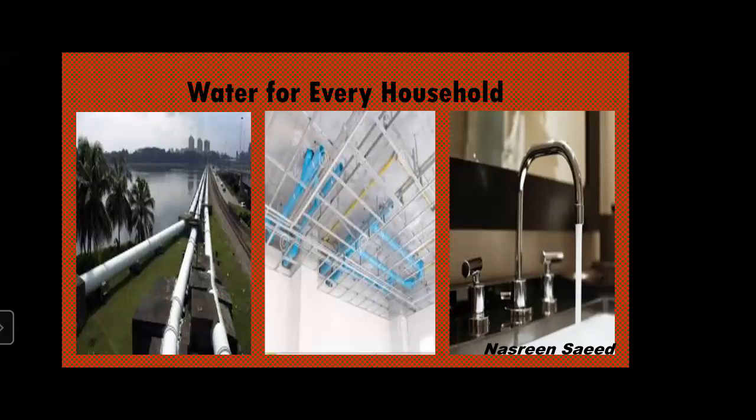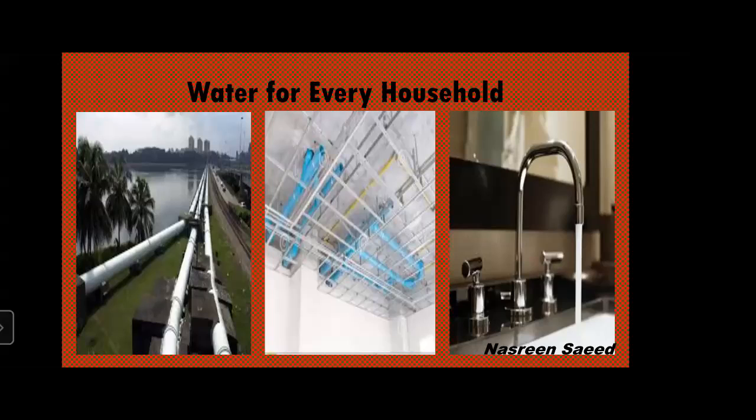So how to overcome this problem? We cannot always go to the lake or the reservoirs to collect water. And we are not sure whether these waters can be used for drinking or not, because we have seen microorganisms living in water which are harmful. So we do not know whether this water is fit for drinking or not.